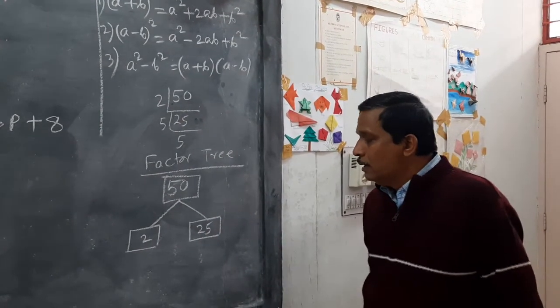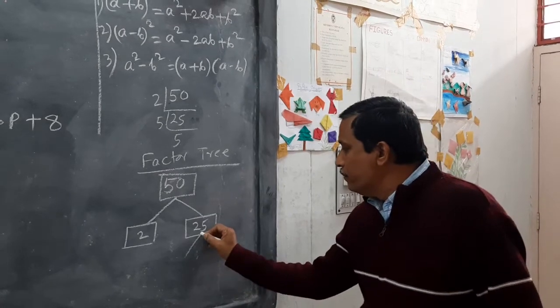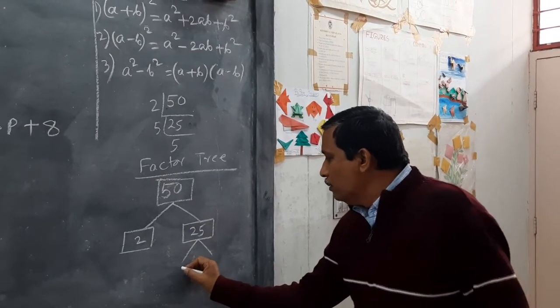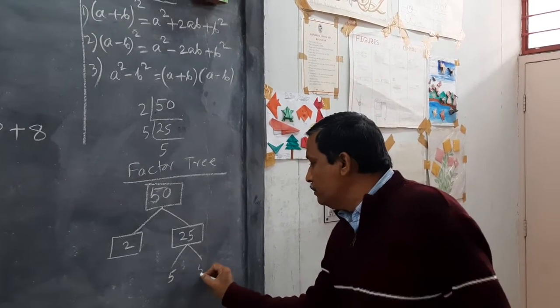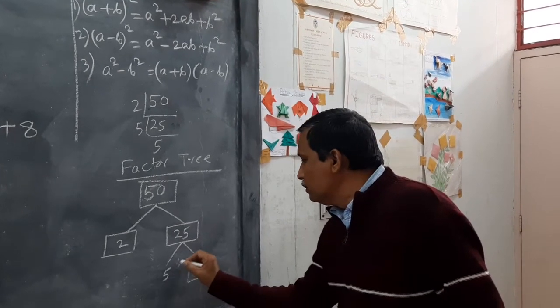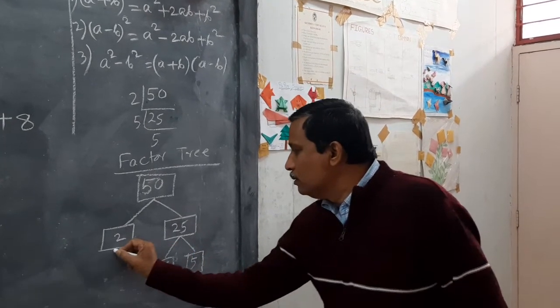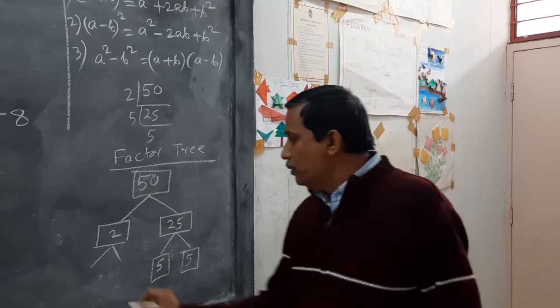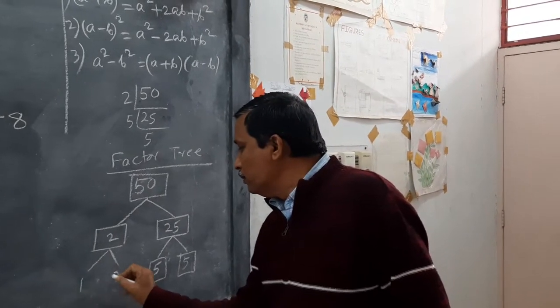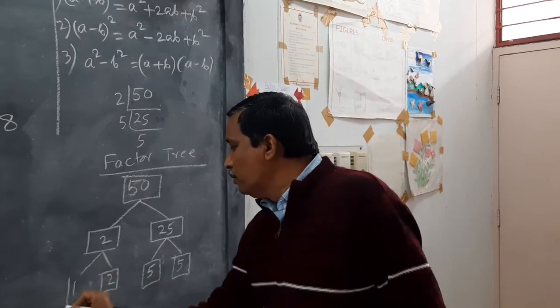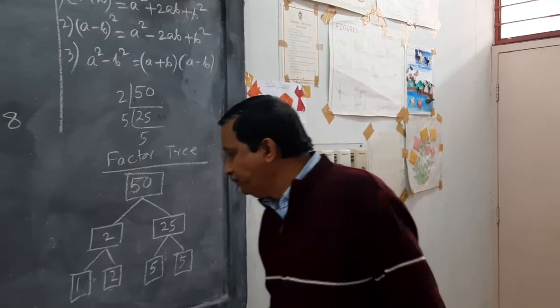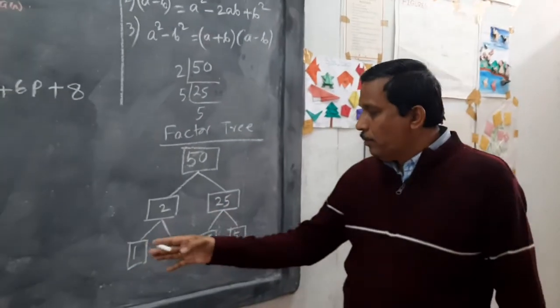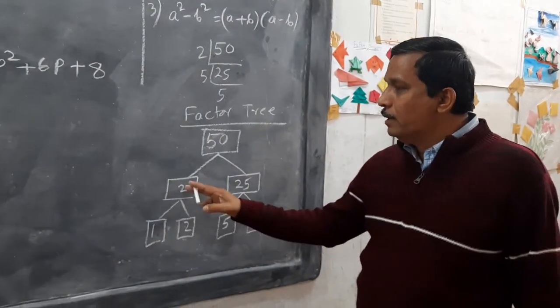Next is 5, 5 is 25. So here also you can do 1 into 2, because I have told you that 1 is a factor of every number.